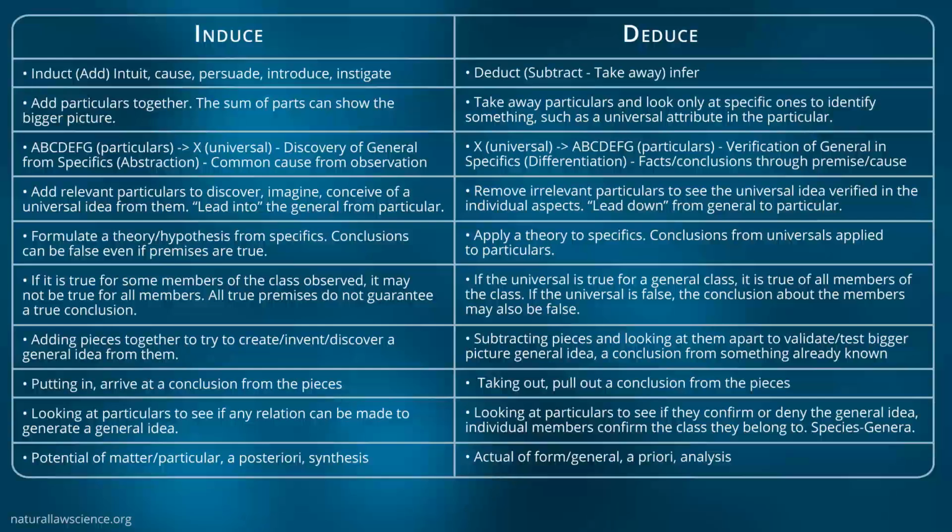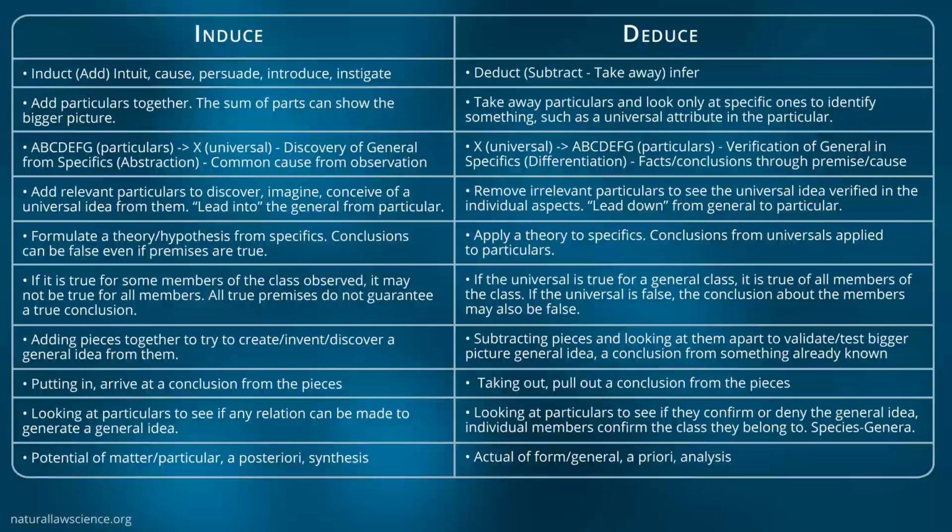Induction, it's true for some members of the class observed. If it's true for some members of the class observed, it may not be true for all members. That's the thing in induction. You're taking some particulars and you're trying to find a universal, but you don't have all the particulars known. So it could be false.